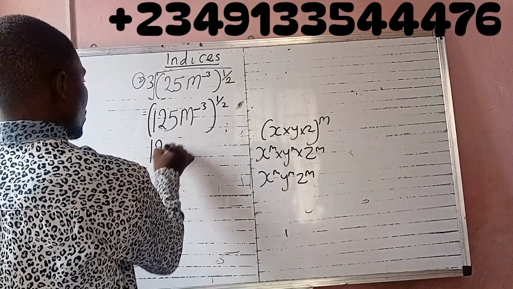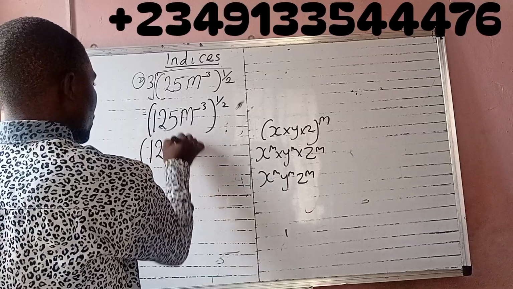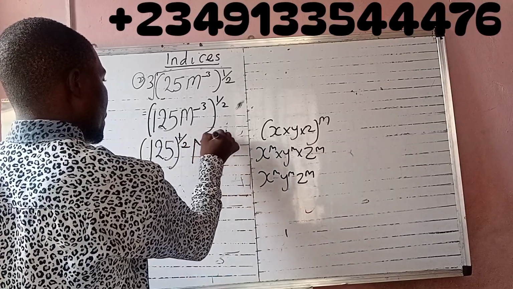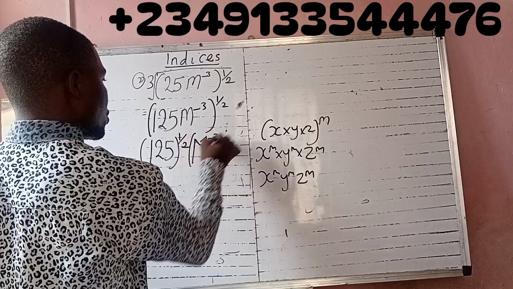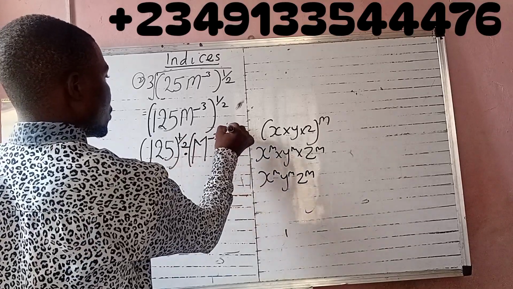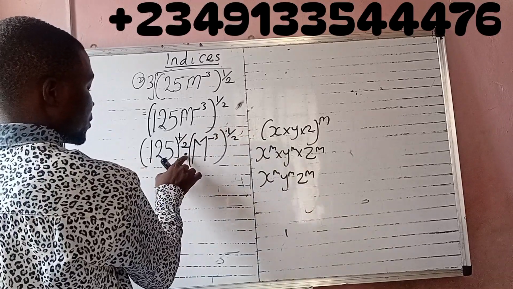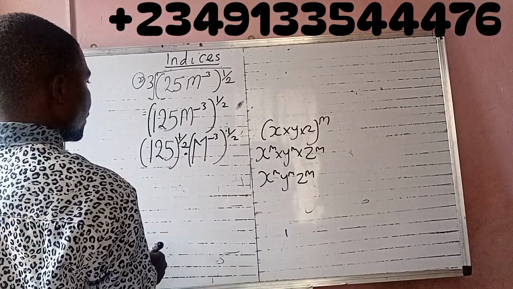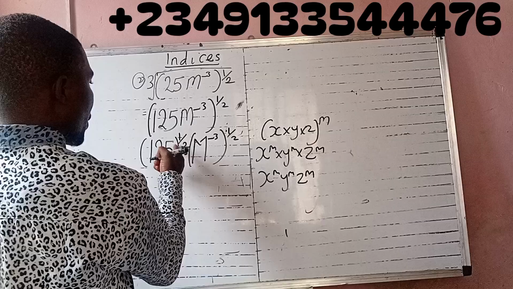So 125, we carry 1 over 2. m minus 3, we also carry 1 over 2. This thing here is a multiplication sign. So here now, I think it's looking easier. So we can remove the brackets here.